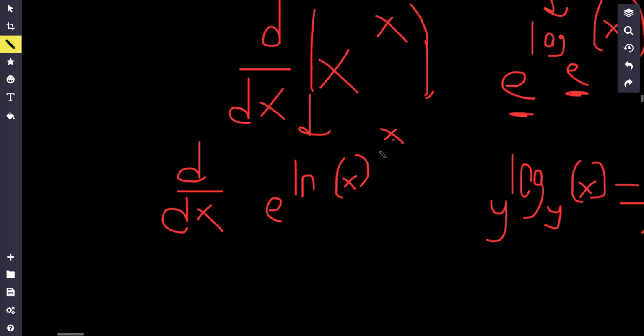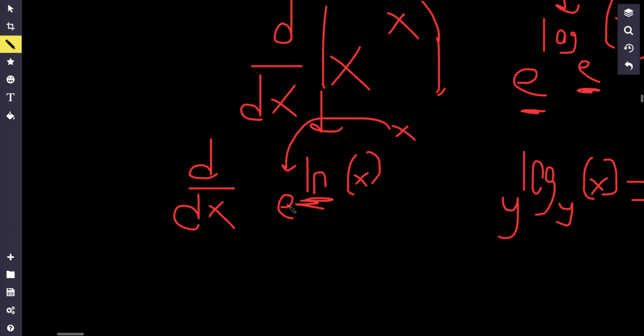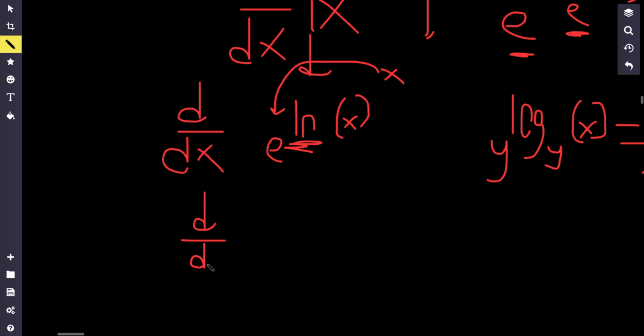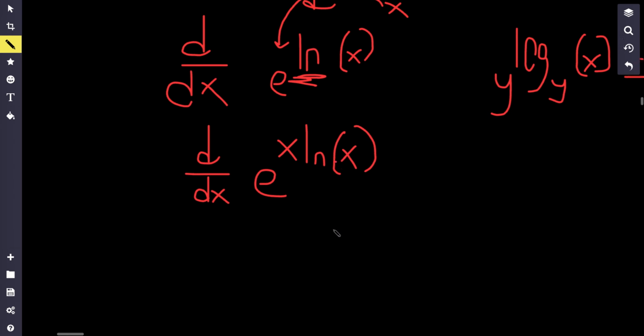One property of logarithms is that you're able to bring the exponent down. So this is the same thing as the derivative of e to the ln of x multiplied by x, so x ln x. I just bring the exponent down, so it's just going to be x times ln of x.